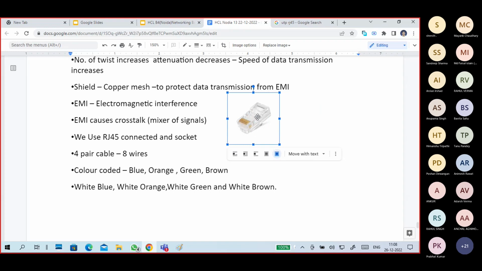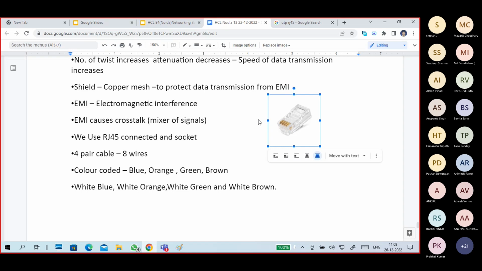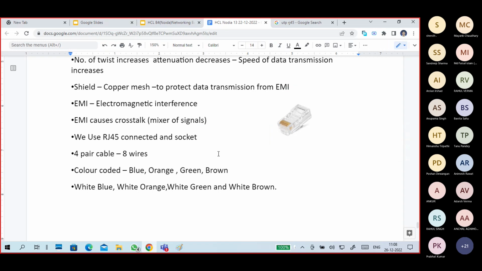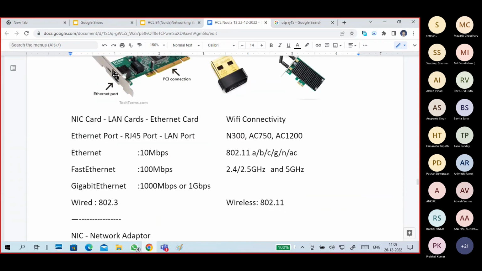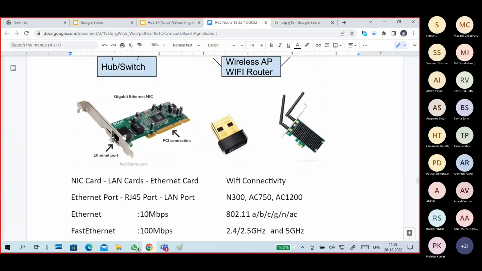Yeah, right. Coaxial cable connectivity is different. Twisted pair cable connectivity is different. So I showed this cable, right? This is the RJ45 connector, the LAN cable.